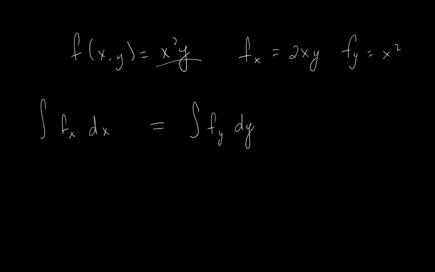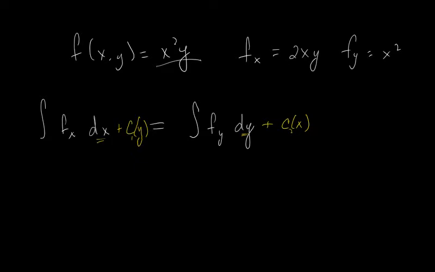And when we say constant, it's not a constant function as in a real number constant, but it is constant with respect to what we're integrating with. So plus a constant function with respect to x of y. So c of y, and here we have c of x. I'm going to put c1 and c2 because those functions do not have to be the same function.